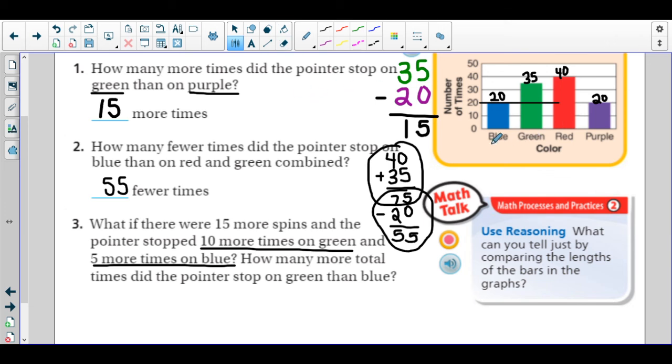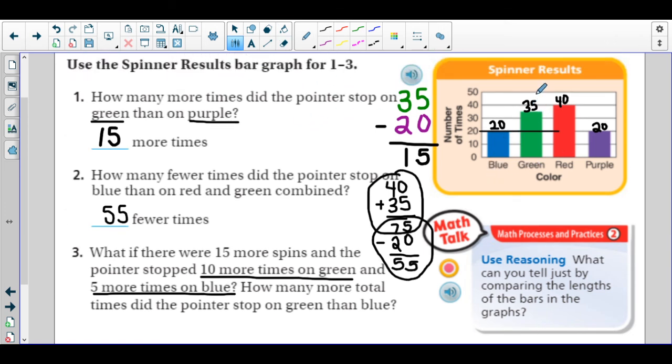So we've got 15 more times. Green, we added 10. And 5 more times on the blue. So what would have been the total there? 20 plus the 5 is 25.